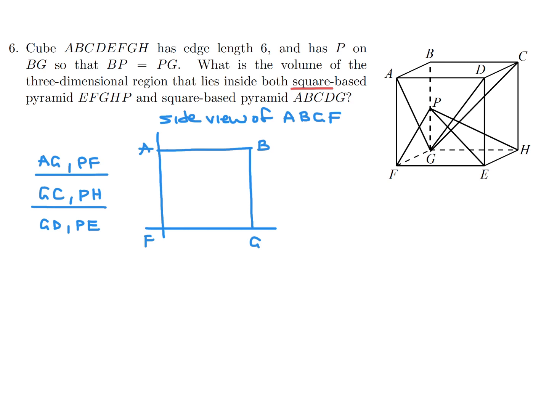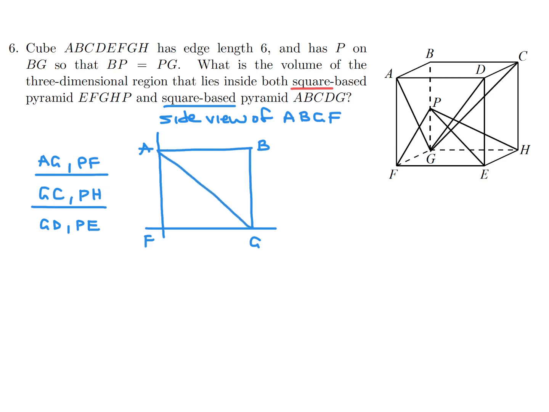Those pretty much would define the boundaries of the square base for the top pyramid and the bottom pyramid, because it's essentially two pyramids that are joined at one common base, which is a square.